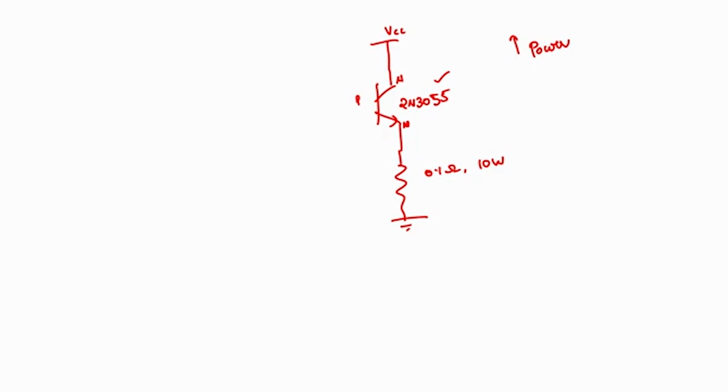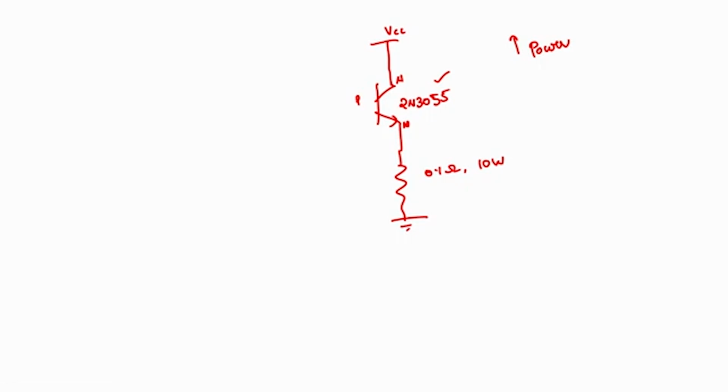Since it has to generate heat, it has to withstand more than 5 amps of current, 3 to 5 amps, depending upon the input voltage that you are applying to the system. No matter what, power is an important factor. If our transistor has to withstand such high currents, that is the reason we have chosen the 2N3055, which is a power transistor.